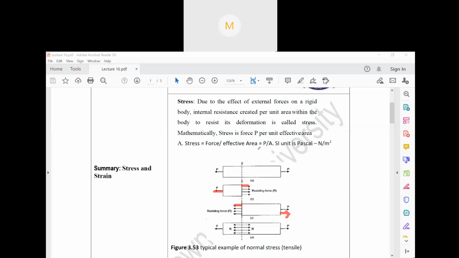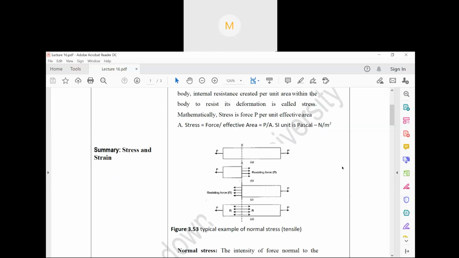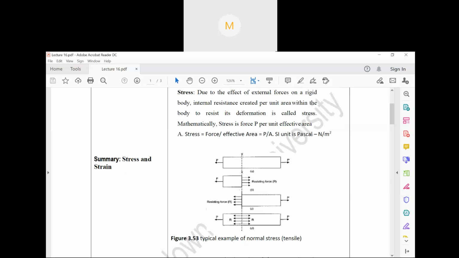So what will happen is that these two are the resisting forces being applied. Now when you combine them, this will look like the last figure, with one resisting force here and the other resisting force here.